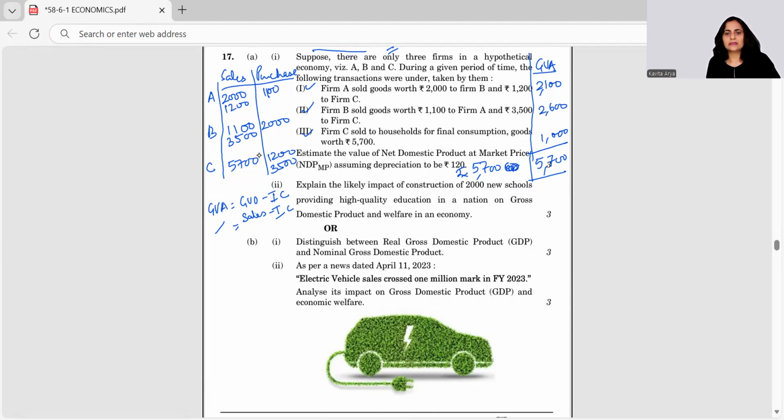This is the GDP, right? But what do they want? They want NDP at MP, assuming depreciation is 120. So we need to find NDP at MP, and we have GDP at MP. So what do we do? Minus depreciation, and depreciation is 120, right?